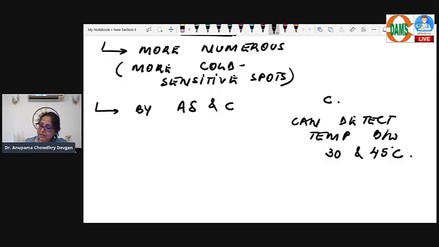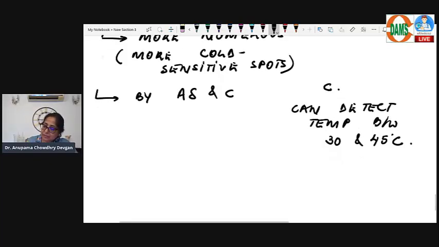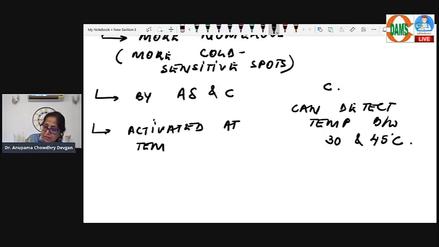Whereas the cold thermoreceptors, activation begins at a temperature of 40 degrees Celsius.